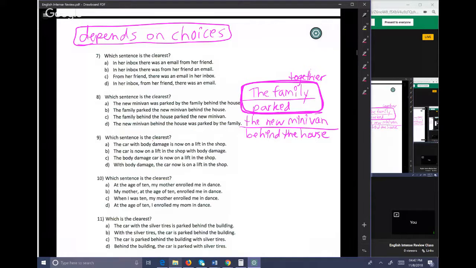The fact they parked. And then the new minivan is obviously what got parked. And then where it got parked, so I'll do kind of a crazy little arrows thing, is it got parked behind the house. The arrows is definitely not the point of doing it this way, so don't worry if my arrows are confusing you, or if you don't use arrows, that's totally fine.